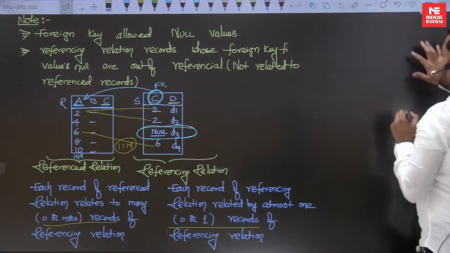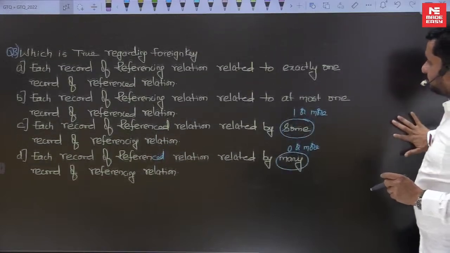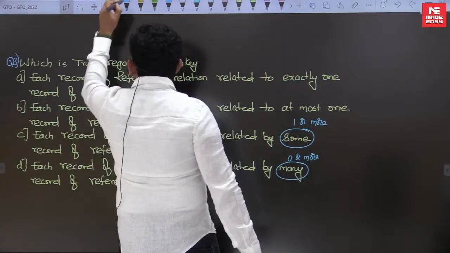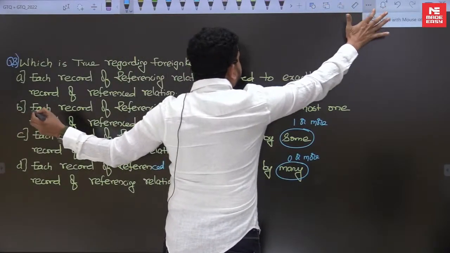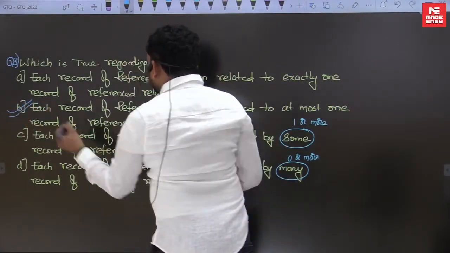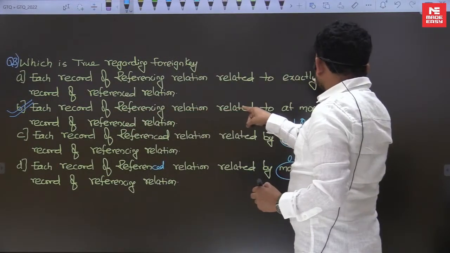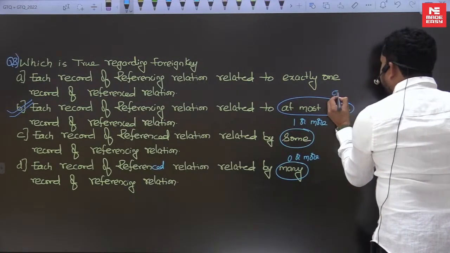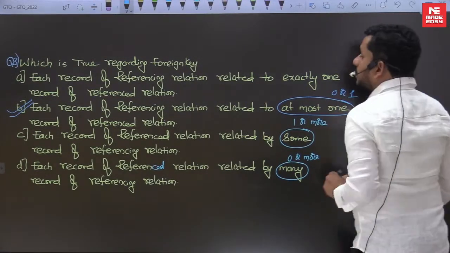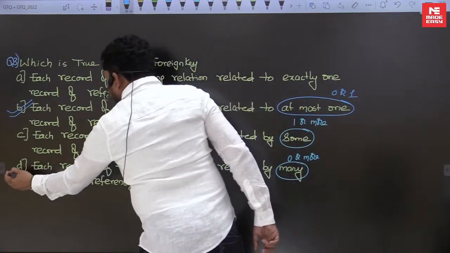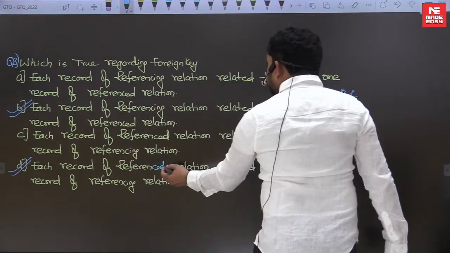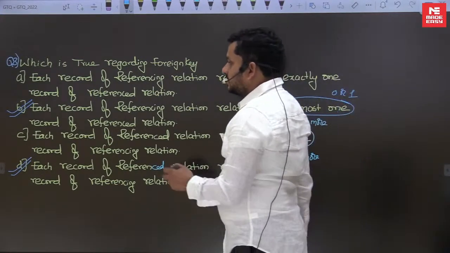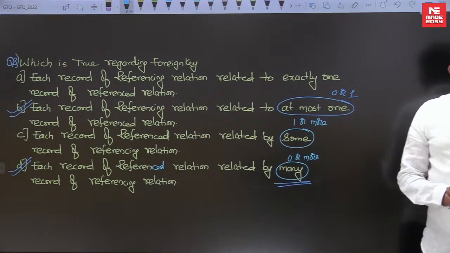So the correct answer to this given question: each record of the referencing relation can relate to at most one, zero or one, record of the referenced relation, and each record of the referenced relation can relate to many records of the referencing relation, right? So B and D are the correct answers.